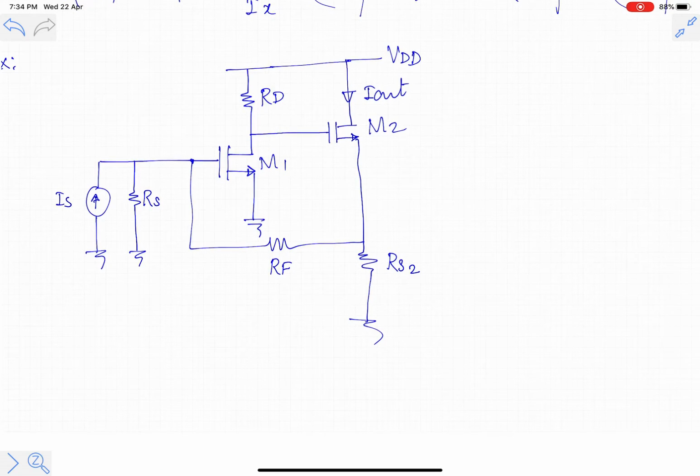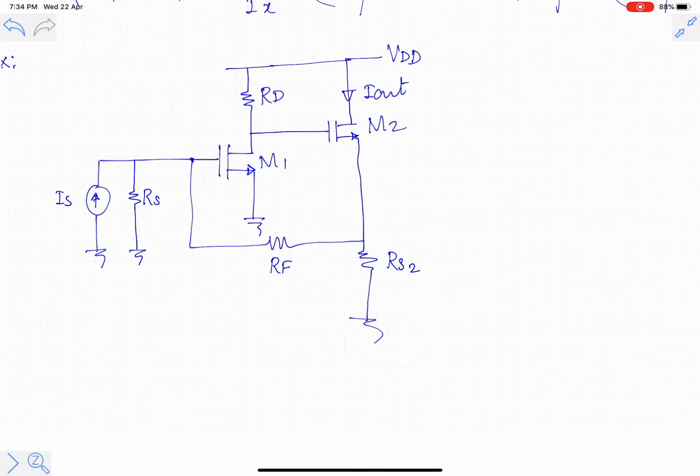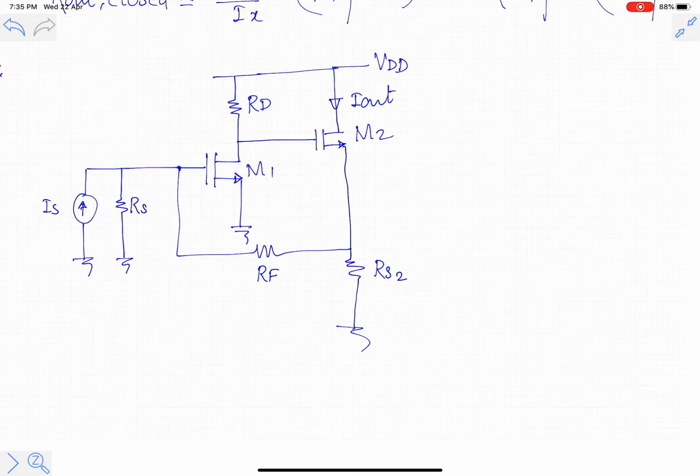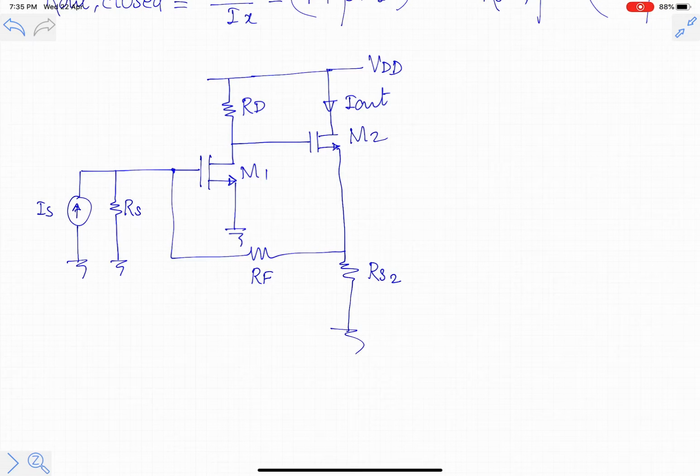In such a case, we have to find out the closed loop gain of this particular amplifier without loading effect, that you should understand. Without loading effect means the current flowing in this direction is zero, and RS2 is very close to zero.